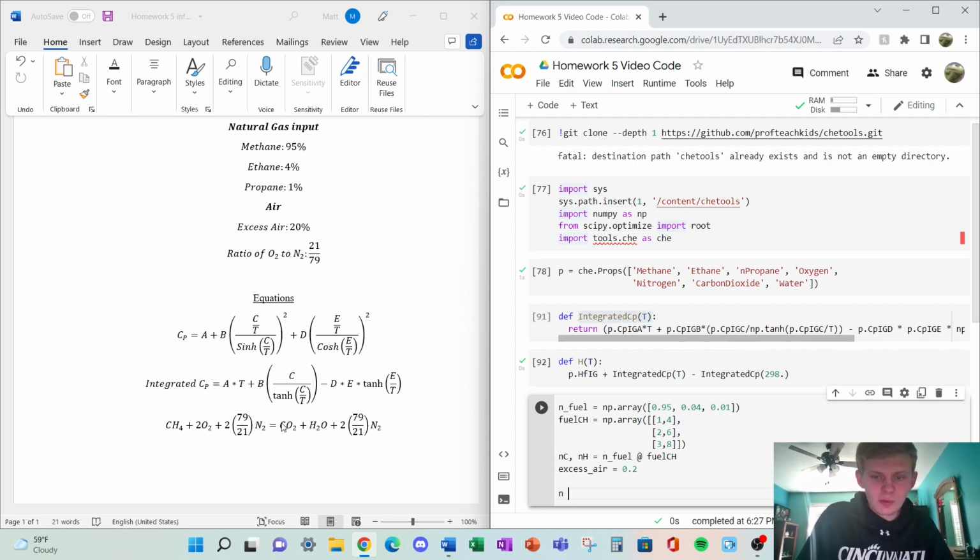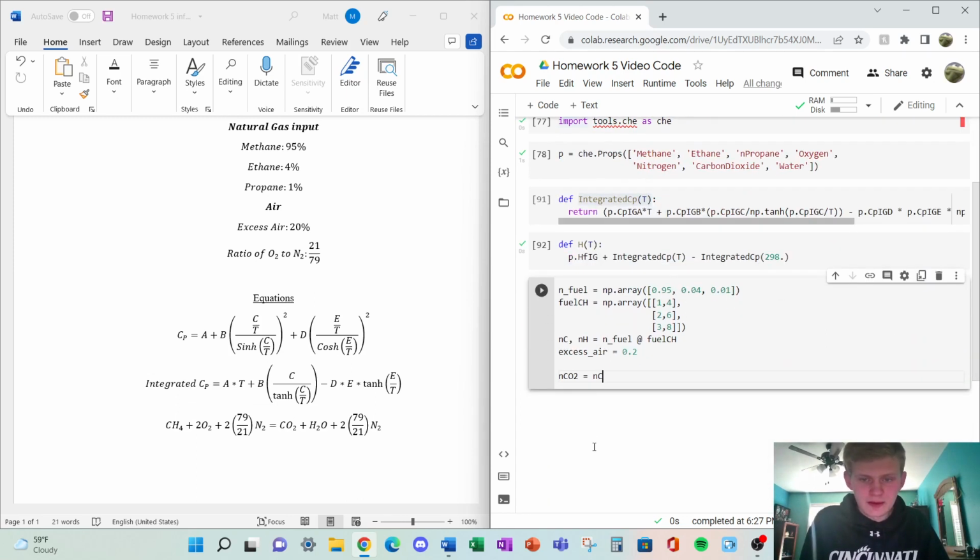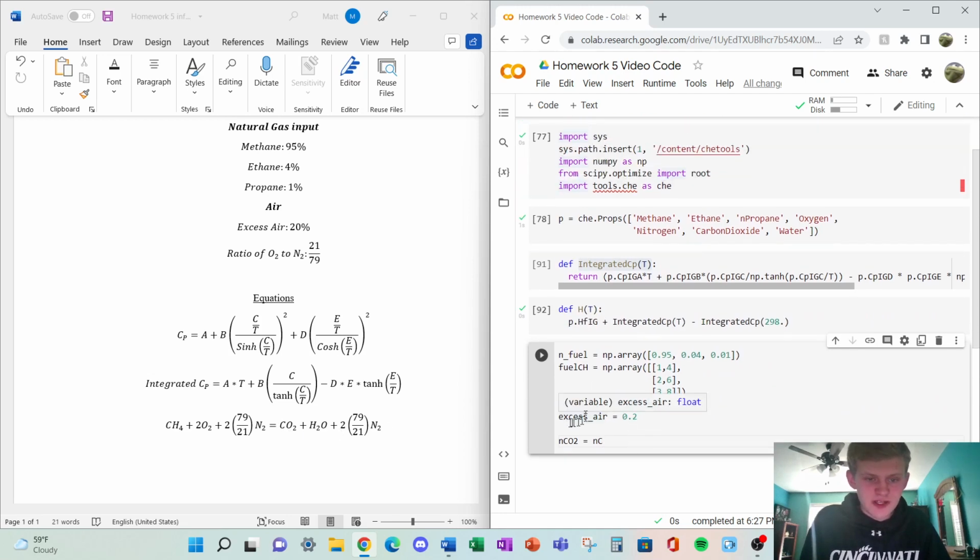So we'll just start with carbon dioxide because it's an easy one. Our moles of carbon dioxide is going to be equal to the moles of our carbon, because carbon is the only atom in here that's being represented. For whatever number of moles of carbon we are putting in, the same will come out.